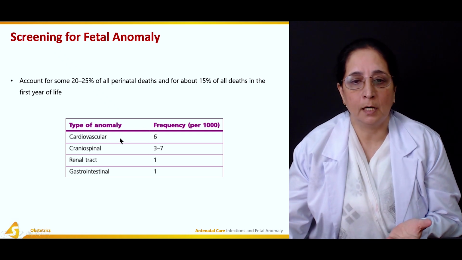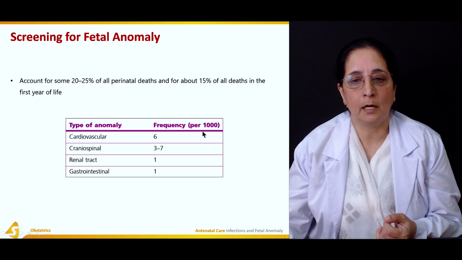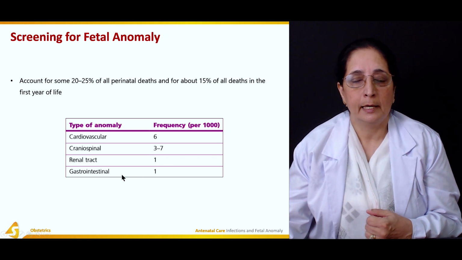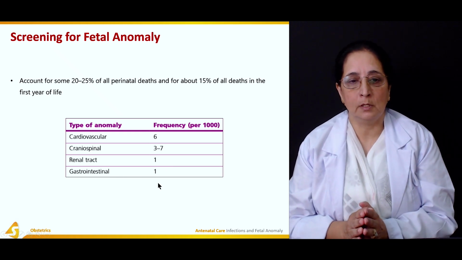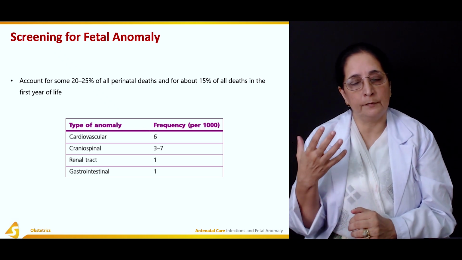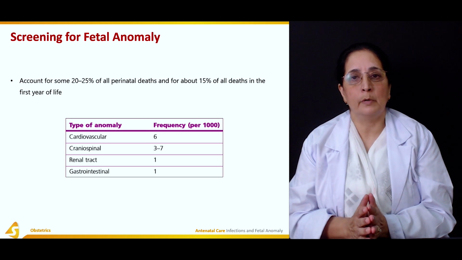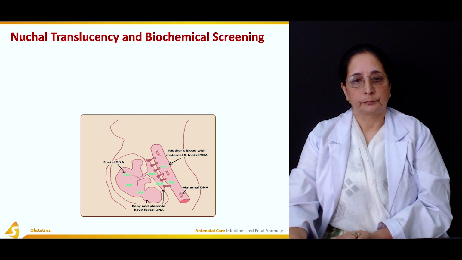Involvement of the heart 6, cranial 6 out of 1,000, craniospinal 3 to 7, renal tract or kidneys 1, gastrointestinal 1. So cardiovascular and craniospinal involvement of the skull and the spinal cord are the most common fetal anomalies.